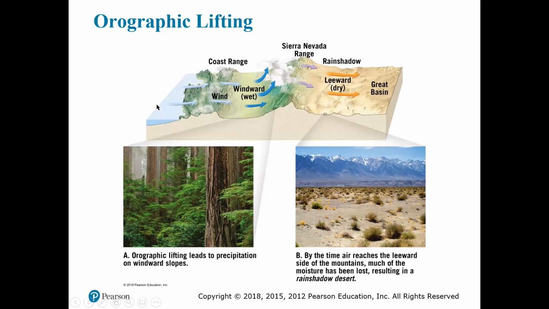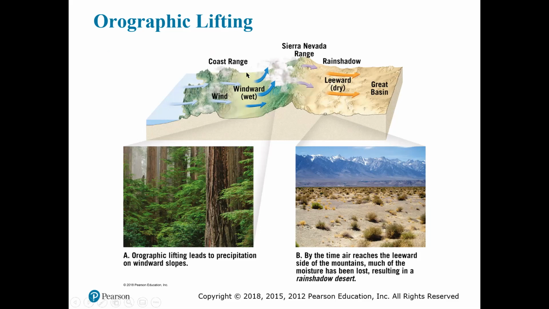So we've got wind coming off the ocean here, going over this smaller mountain range here. And as it gets up to the Sierra Nevada range, the taller mountain range, adiabatic cooling generates clouds and a lot of precipitation, because that water vapor is going to condense and then fall back to Earth as precipitation.